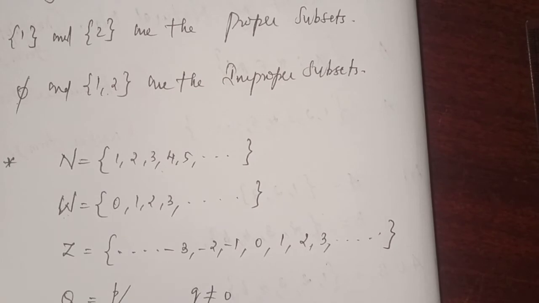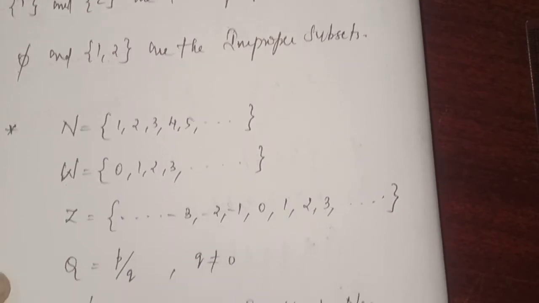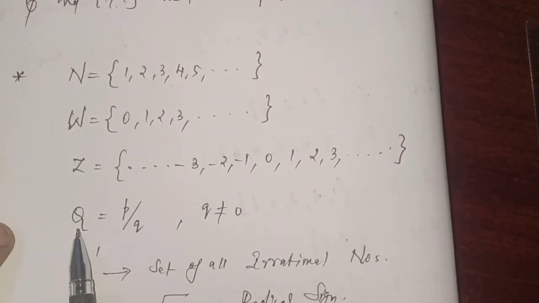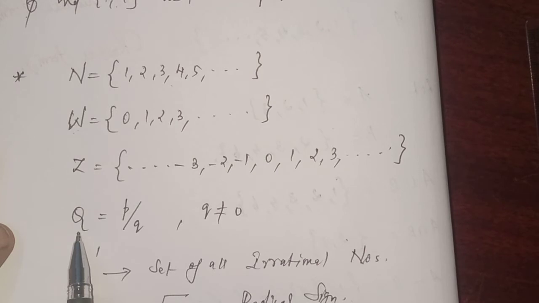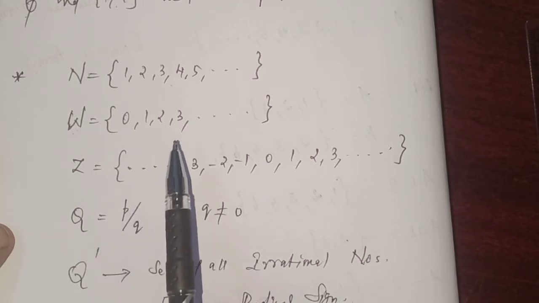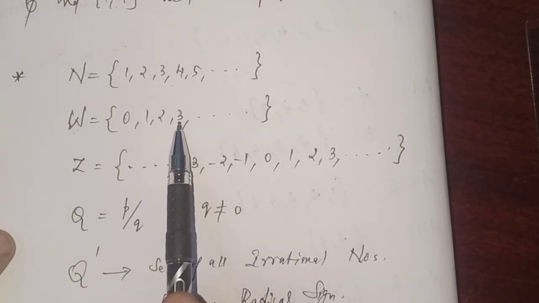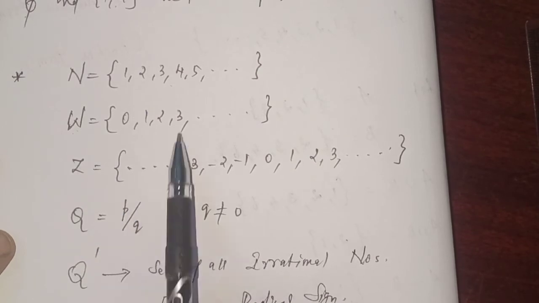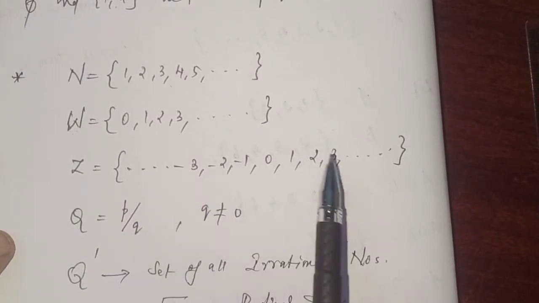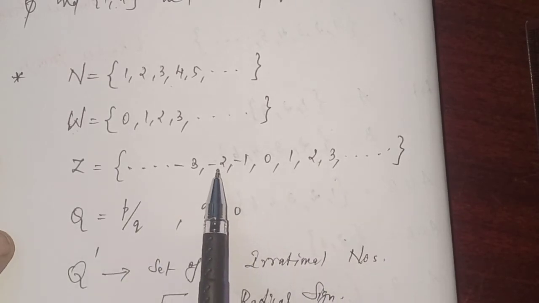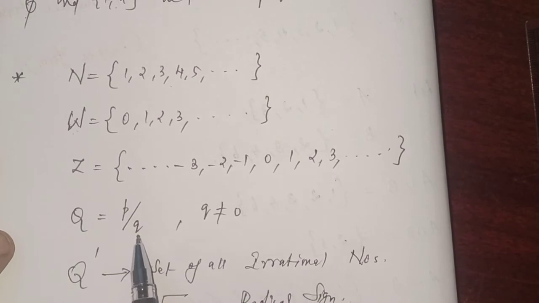At the same time, Q, that is the set of all rational numbers. N, W, Z are all subsets of Q. Why, sir? I consider 3. 3 can be written in this form because 3 is equal to 3 by 1. Even you can take minus 2. Minus 2 can be written in this form, minus 2 by 1.